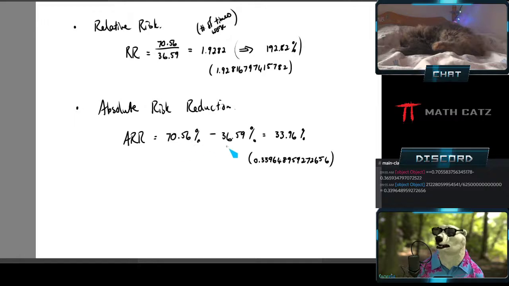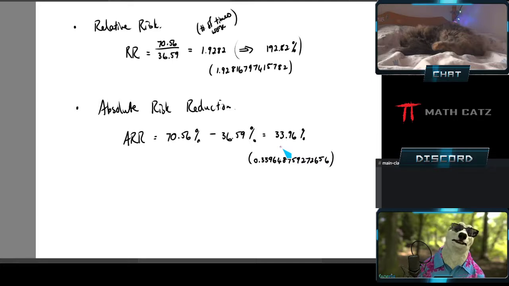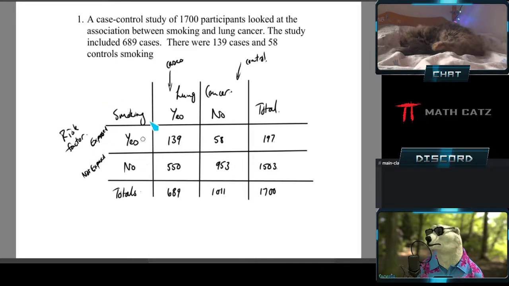So in addition to this baseline normal situation of 36.59%, according to this, there's 33.96% on top of that, my probability of getting lung cancer, or another 33.69% of the population gets lung cancer when they're smoking.